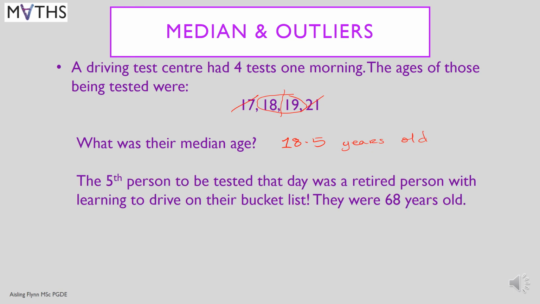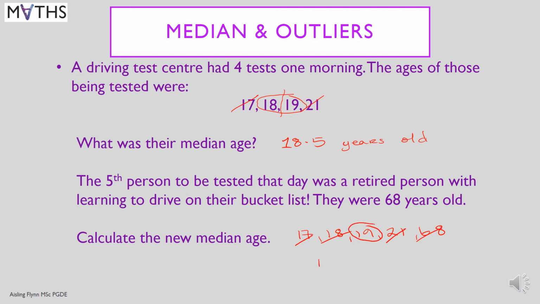Okay, on comes our retiree, who's 68 years old. Let's calculate the new median age. So let's do a new ranking. We have 17, 18, 19, 21 and 68. So one from the bottom, one from the top, one from the bottom, one from the top. So in the middle, the median age is 19 years old.